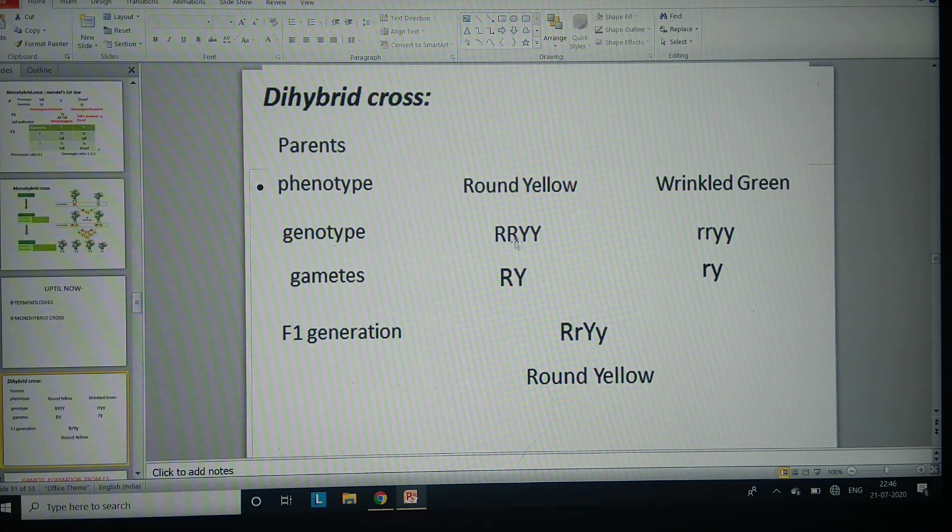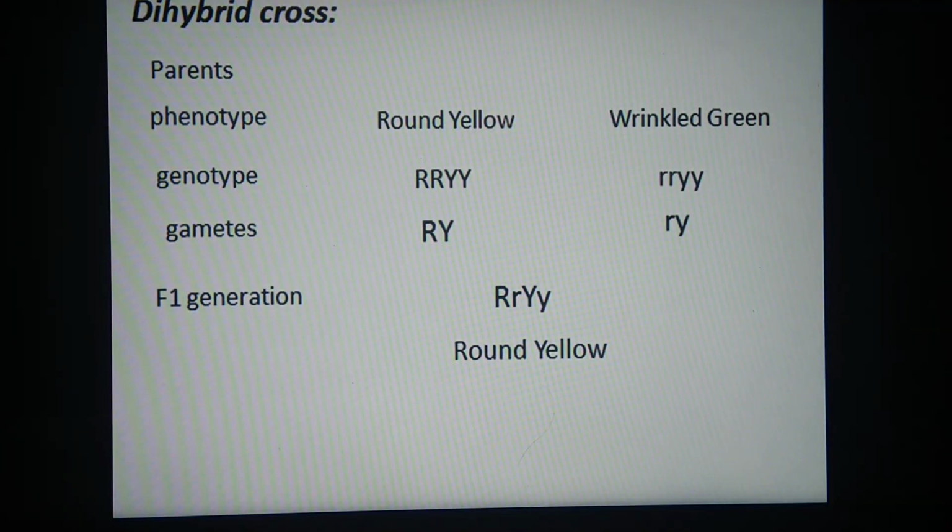So, now we have genotype for round yellow and wrinkled green seeds. We'll go to the next step of gamete formation. So, during gamete formation, what happens? From this homozygous condition for the rounded seed, one R comes into the gamete, and from this pair of Y, one of the capital Y comes into the gamete.